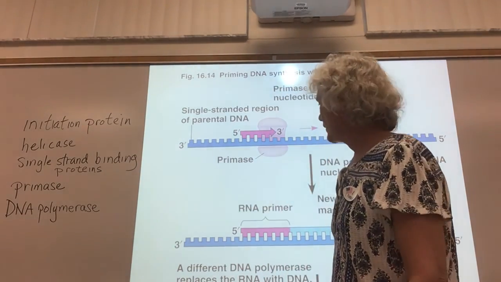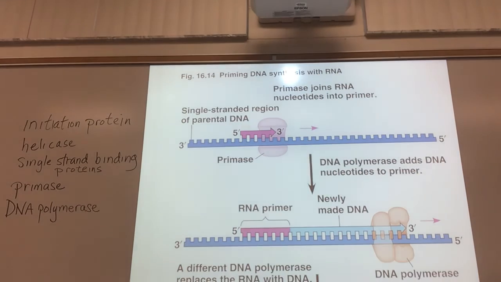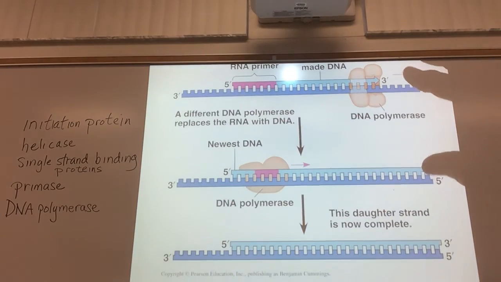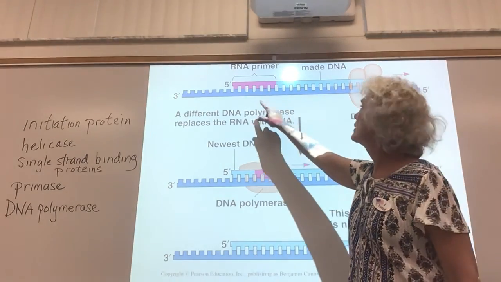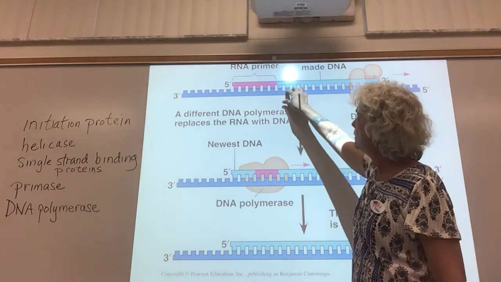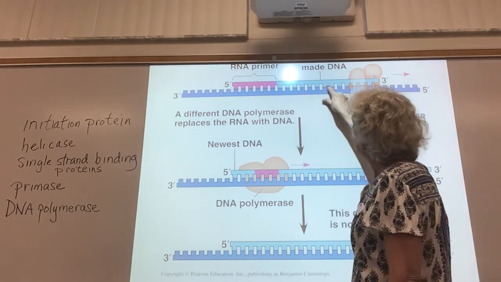So what's going to happen next then is you have the RNA primer, and then you're going to have the DNA polymerase come in and move along and copy by base pairing all the way along in the 5-3 direction.